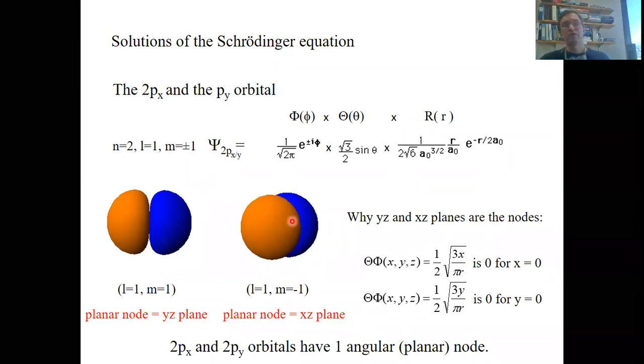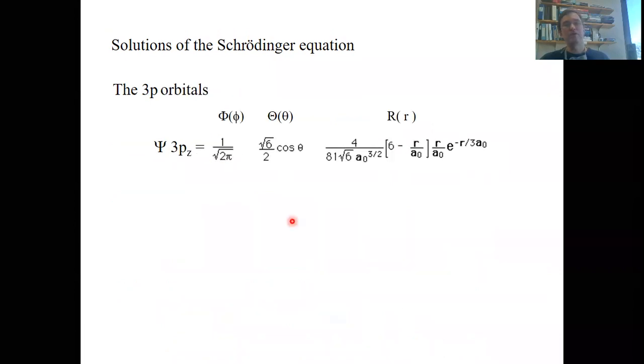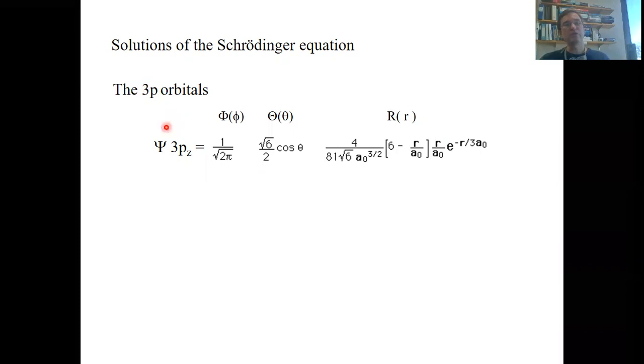We can now next look at the shape of a 3p orbital, and we are considering in this case only the 3pz orbital, because the 3px and the 3py will just work analogously, just the orientation of the orbital will be different. So here's the wave function for the 3pz orbital.